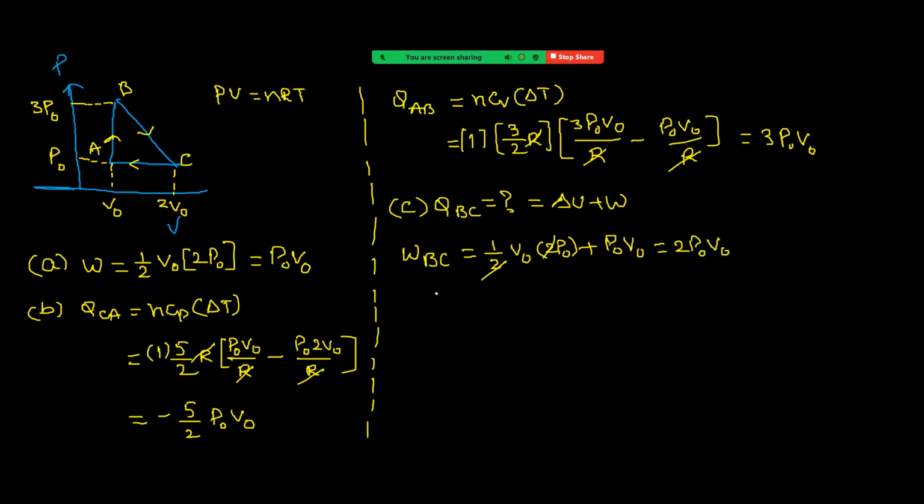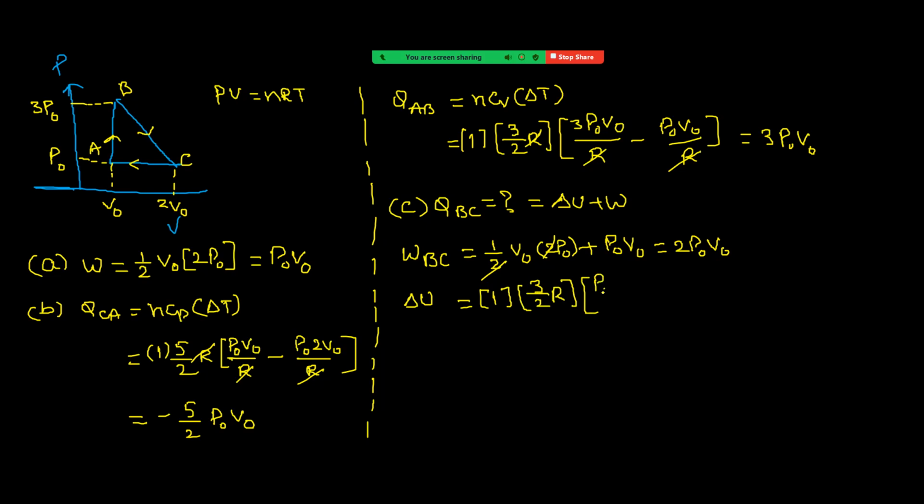Okay. Let us now focus on delta U. Delta U value is n Cv delta T, right? n is 1. Cv, since it is monatomic, Cv is 3 by 2 R delta T. Delta T means final value minus initial value.